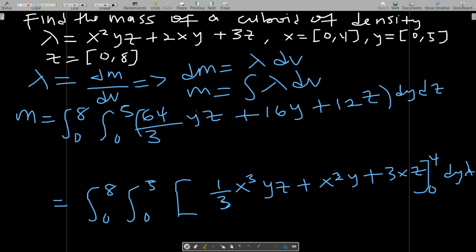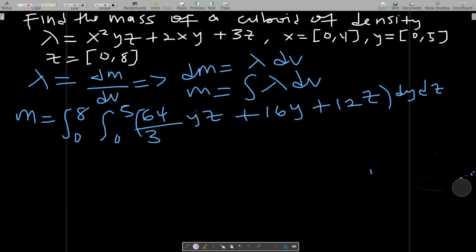Now with this, let's integrate everything with respect to y, and then from there we can punch everything on the calculator and go. The mass is equal to the integral from 0 to 8.